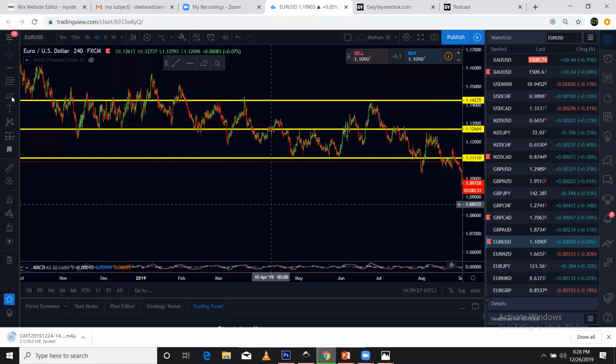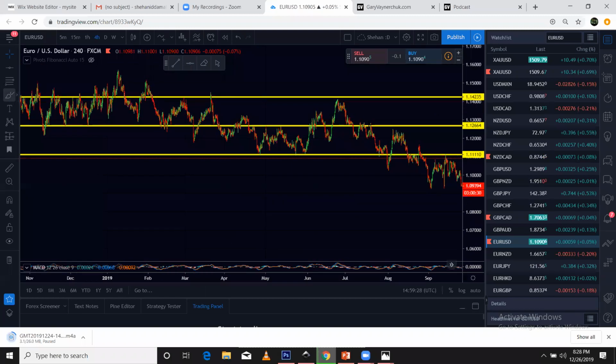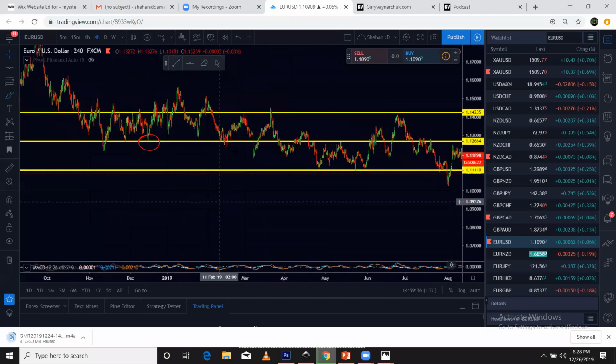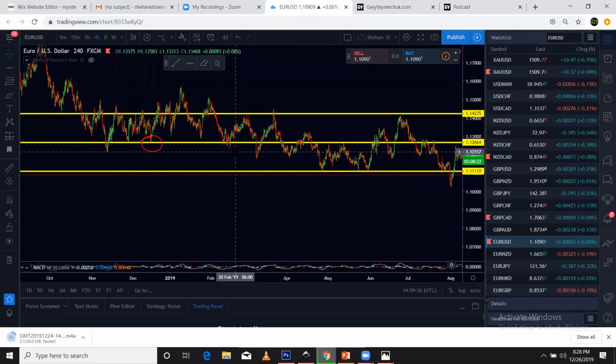What is going to be here? What is going to be here? Is it resistance or support? All right, everybody's saying support.